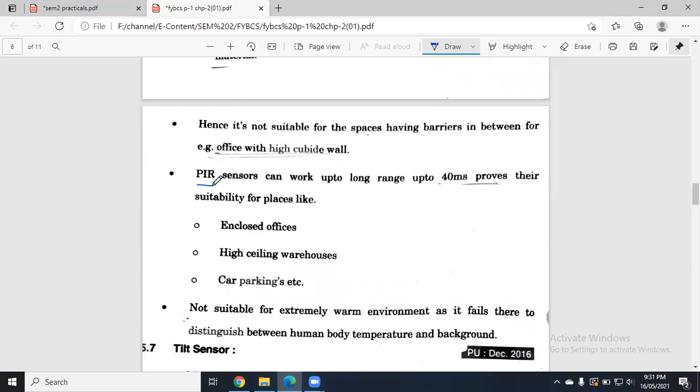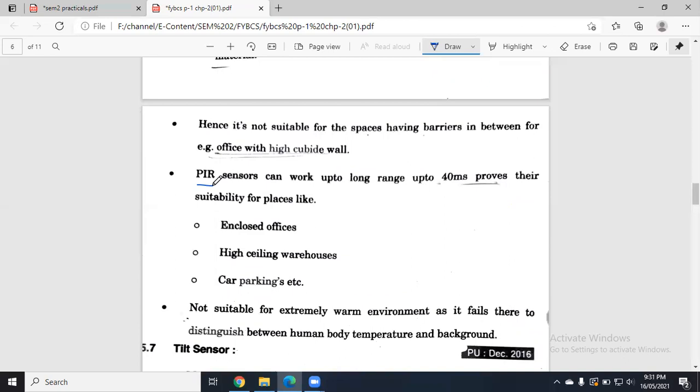Okay, and the last thing is that it is not suitable for extremely warm environments, as it fails there to distinguish between the human body temperature and the background. Suppose you are living in a desert area where the temperature is very high, in that case the sensor will fail to detect the change between the surroundings and the human body. Okay, right now wherever we are sitting, there is a difference between the environment around us and the temperature inside our body.